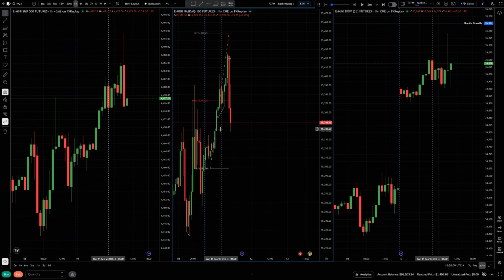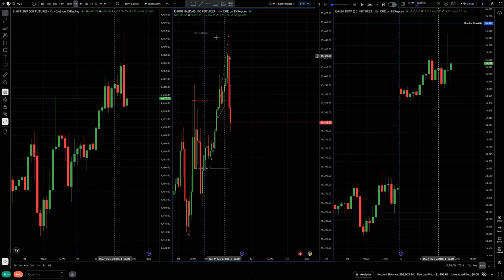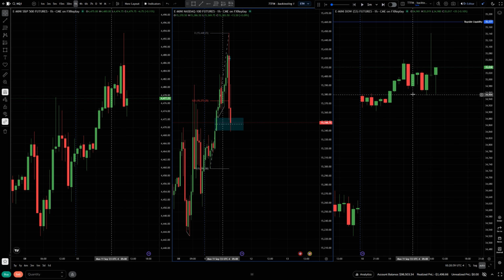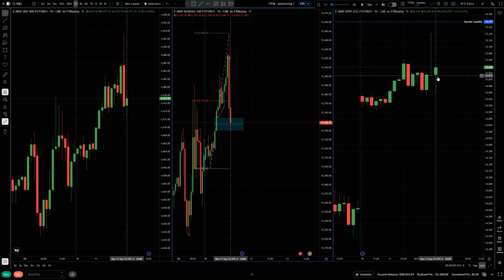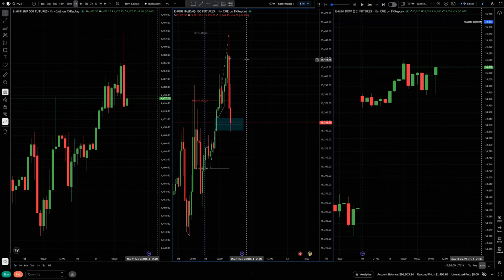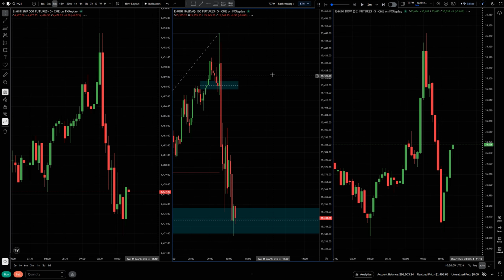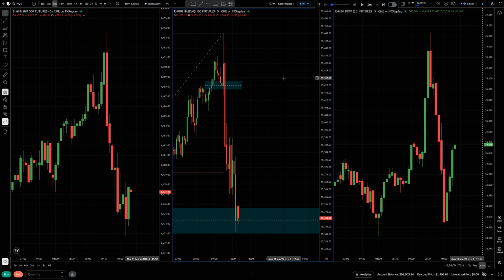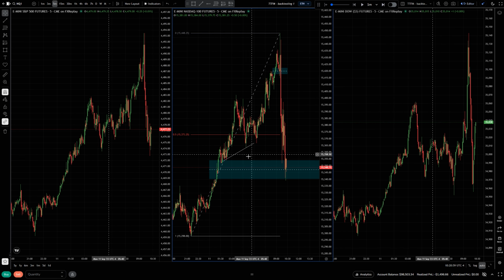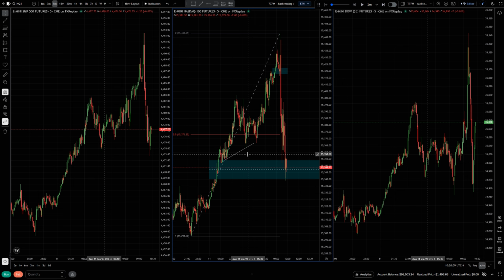Looking at the 1-hour chart, we can see that we are inside this gap right here, and we have a huge wick. We have taken all the resting liquidity here.